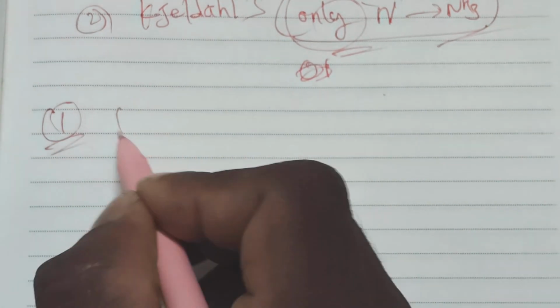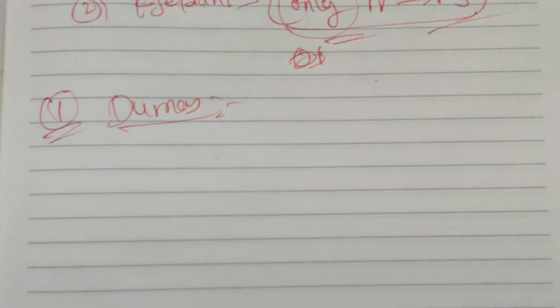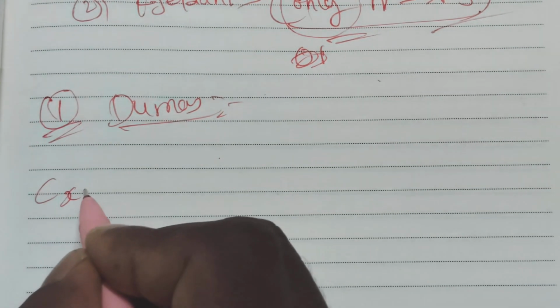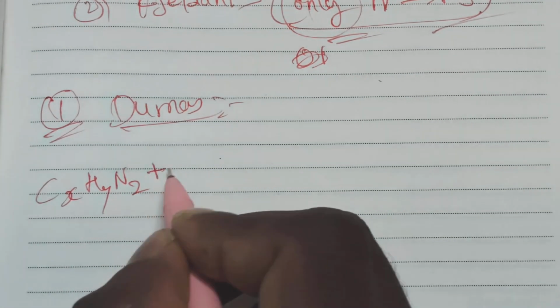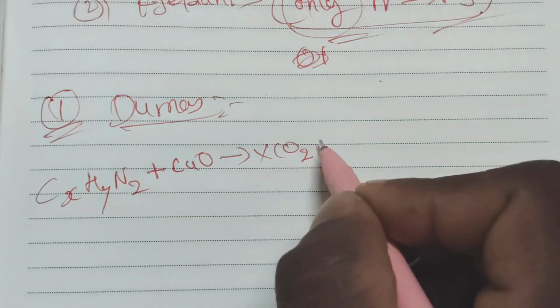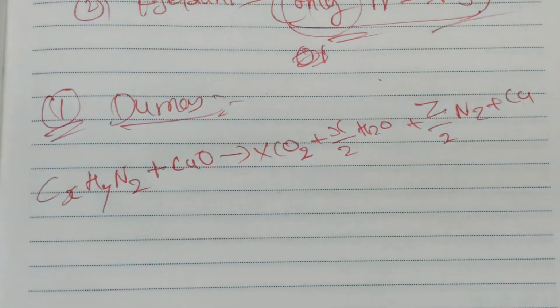First, the Dumas method. In this method, nitrogen in the organic molecule is converted into molecular nitrogen. In the general equation, CxHyNz plus CuO, copper oxide, gives x CO2 plus y/2 H2O plus z/2 N2 plus Cu.